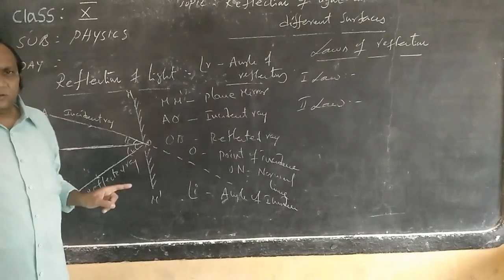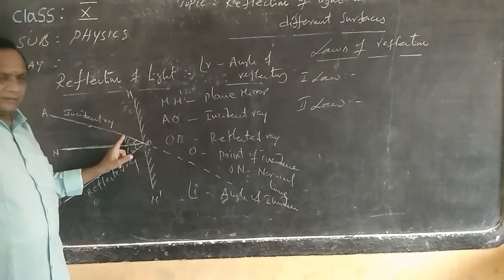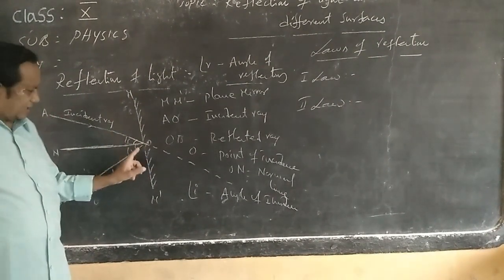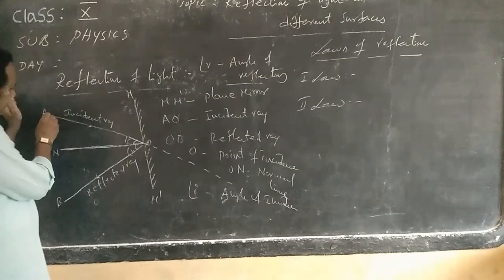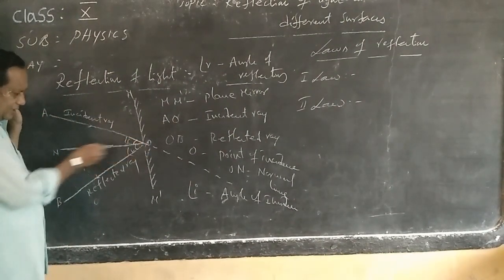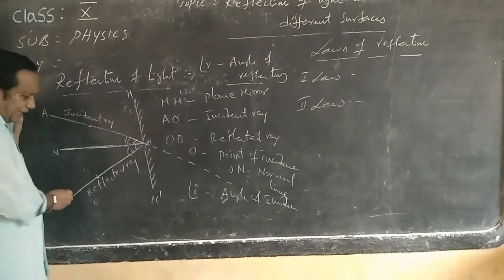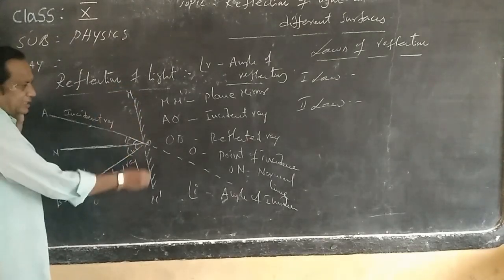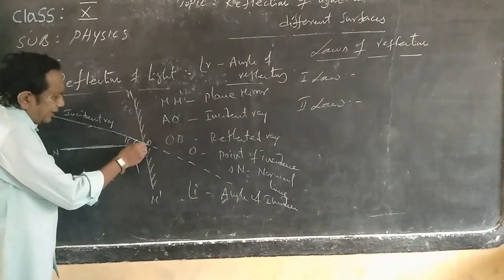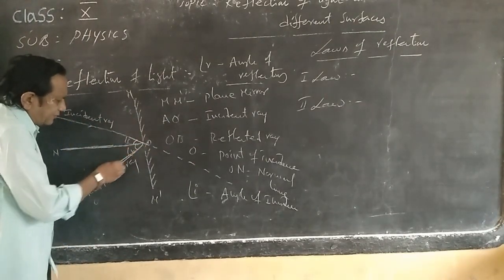You see the incident ray, normal line, point of incidence, and reflected ray. All of them lie on the same plane. They all lie in one plane. Remember that. That is the first law.